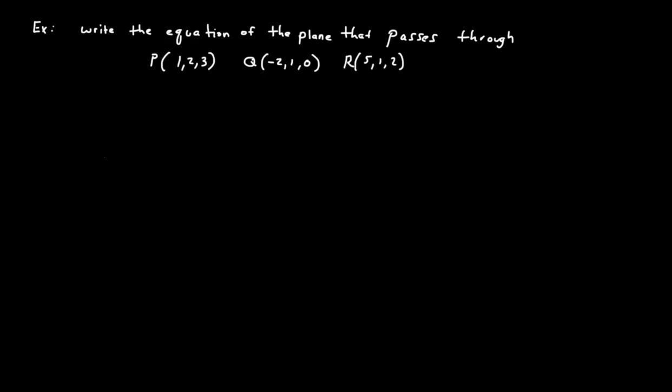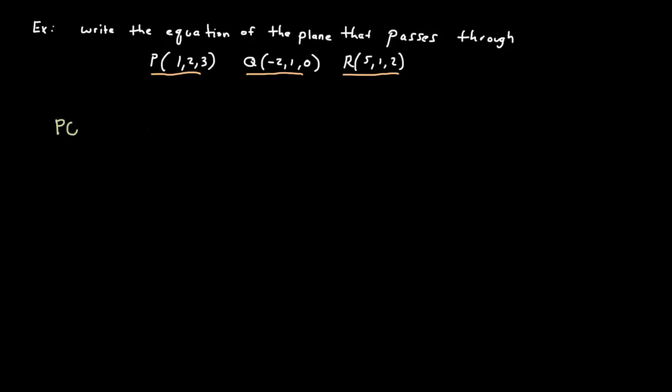Now the next example is a little bit more time consuming. We're going to write the equation of a plane that passes through three points, P, Q, and R. We need a normal to this plane, and to find the normal, we need two vectors on the plane.